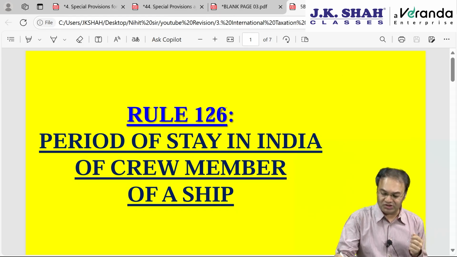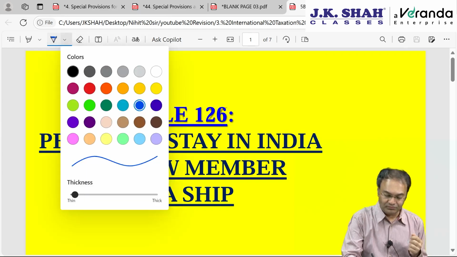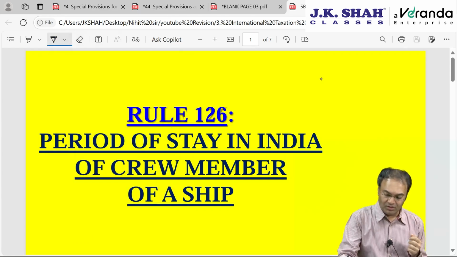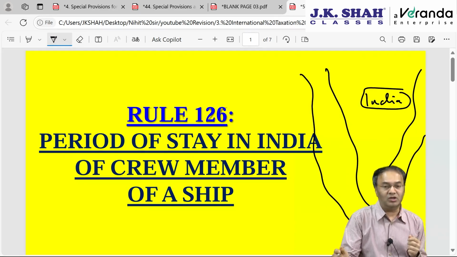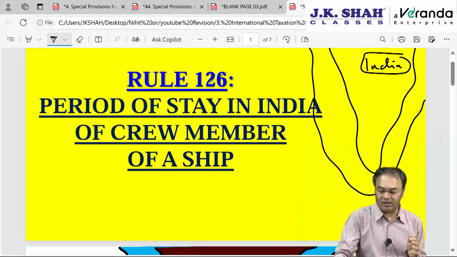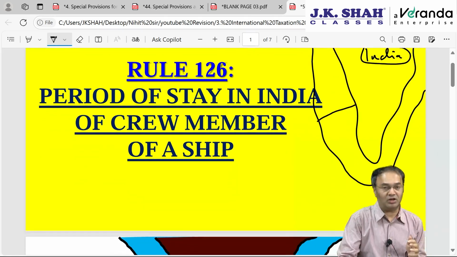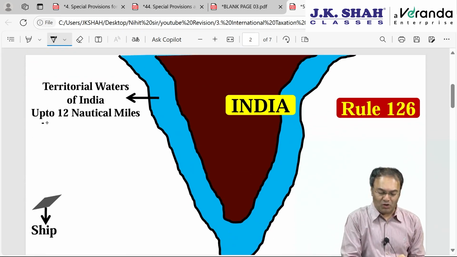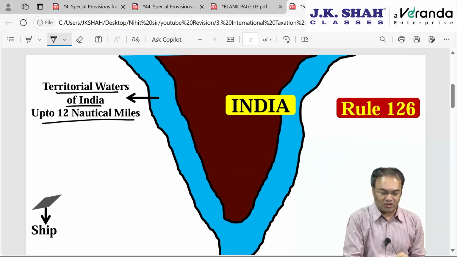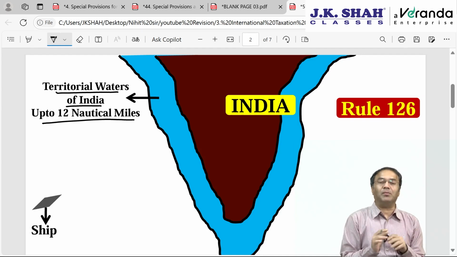Supposing this is India, and as we know, India includes not only India but also the territorial waters of India. Outside the border of India, there is something up to 12 nautical miles, as shown in this slide. Up to 12 nautical miles is called territorial waters of India, which is also considered to be part of India.